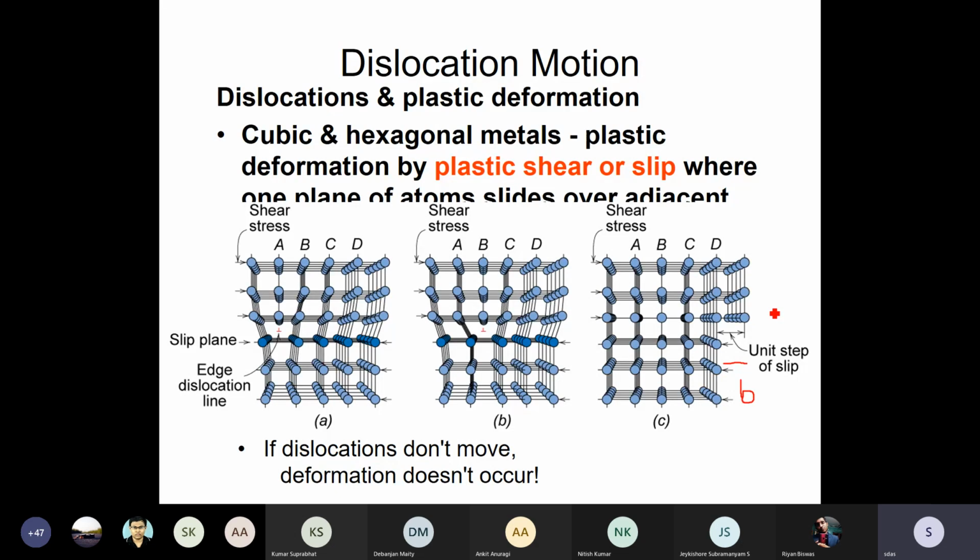So if the dislocation does not move, plastic deformation will not occur. For plastic deformation, you need to move the dislocation, and dislocation motion takes place above the yield point. Below the yield point, you are not able to move the dislocation, so deformation is only elastic in nature.